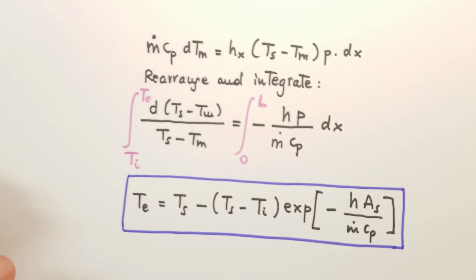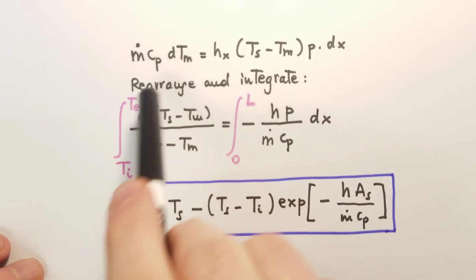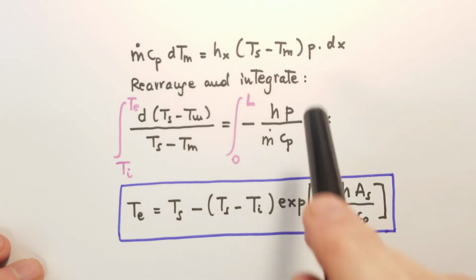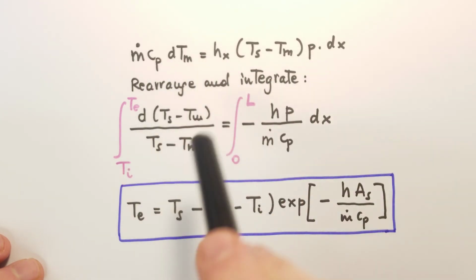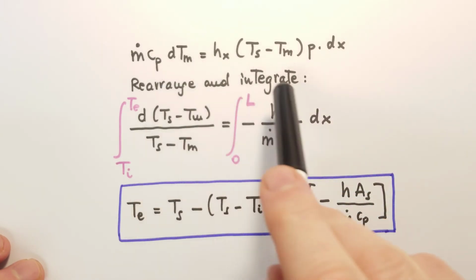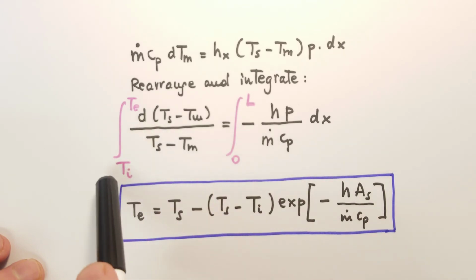So to find an exact definition for the average temperature, we can do a differential energy balance between the change of internal energy and the heat that's injected. So we rearrange this. We move the temperature to the left and everything else to the right, and we integrate the left-hand side from the inlet temperature to the exit temperature.